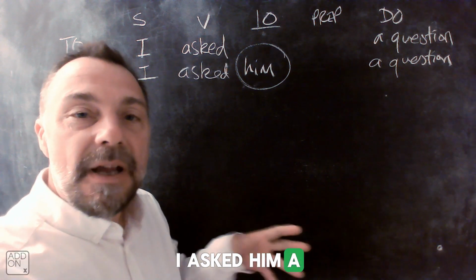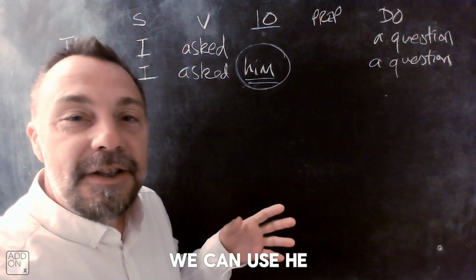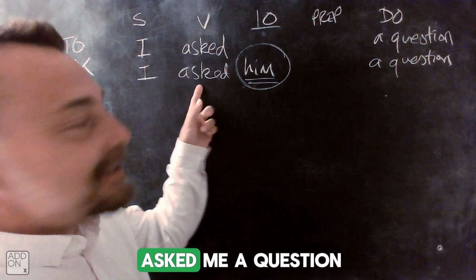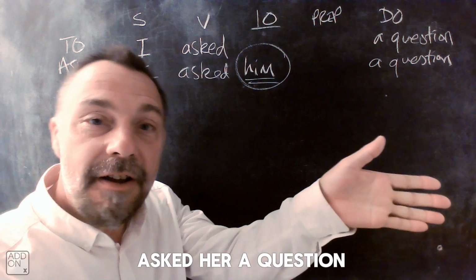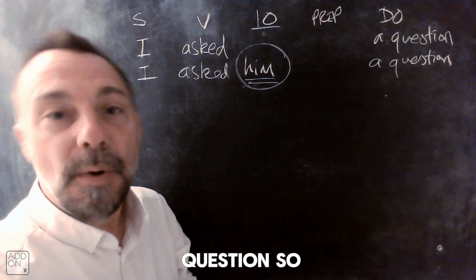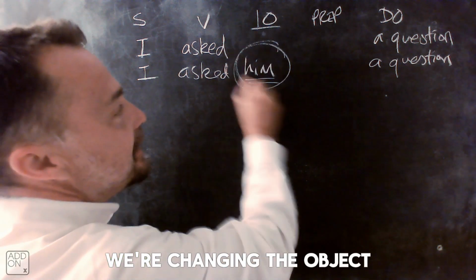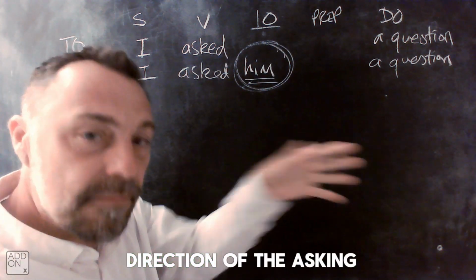Now we can change this. We can use he asked me a question. We can say I asked her a question. They asked us a question. So we're changing the object pronoun to show the direction of the asking.